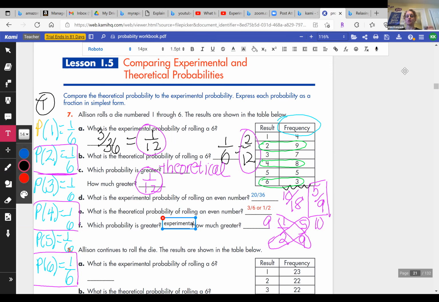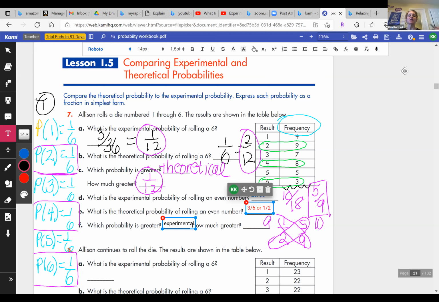However you want to do it, you can do it in your calculator, or use the 20/36 and the 3/6 because they're friendlier with the denominators.